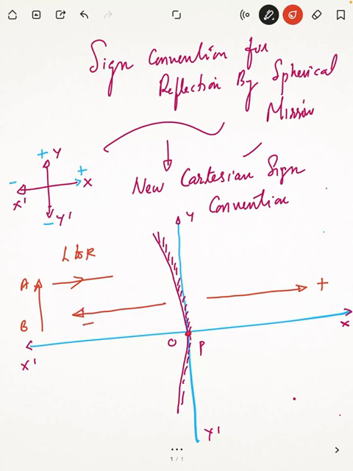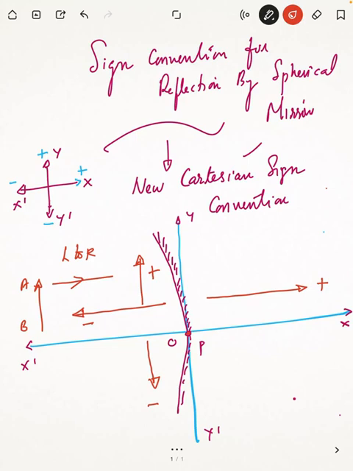Distances measured upward perpendicular to the principal axis, where the x-axis is taken as the principal axis, are positive, and distances measured downward perpendicular to the principal axis are taken as negative. So these are the important points regarding the new Cartesian sign convention.